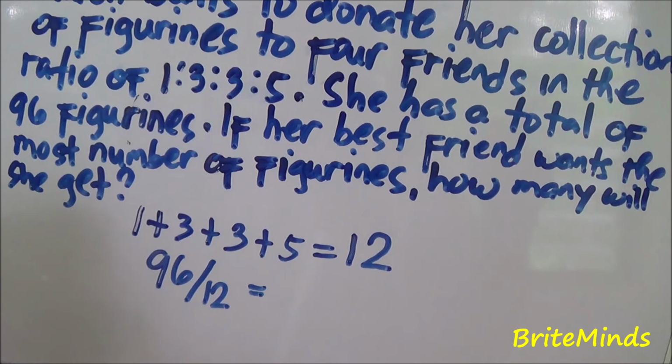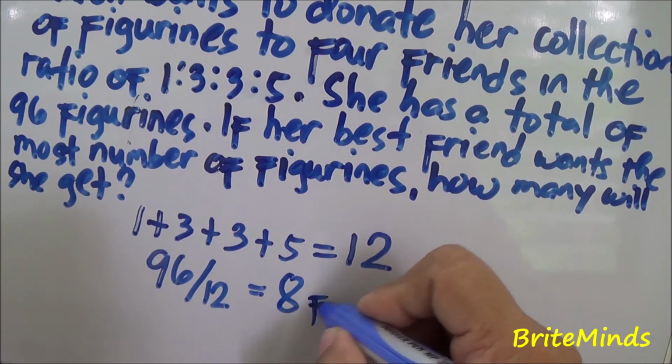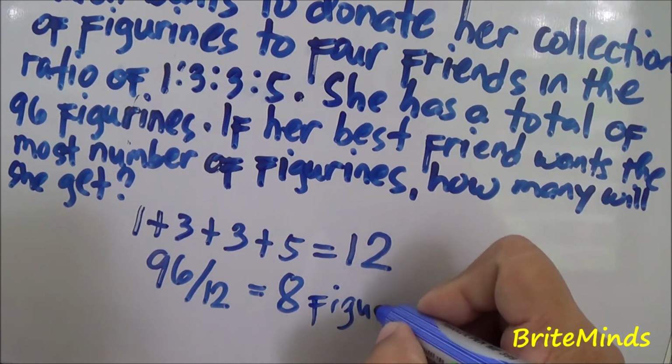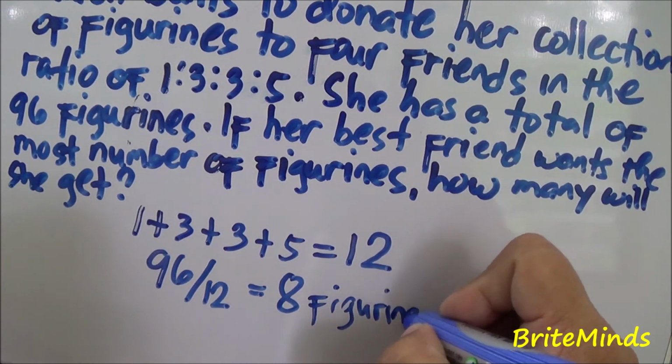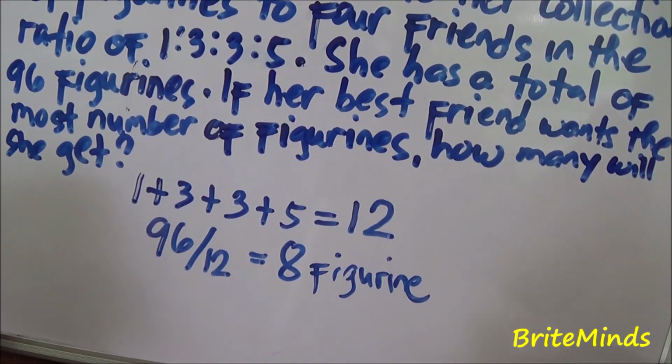The answer is 8 figurines for every share. Now we will be able to determine the quantity of figurines her best friend will receive.